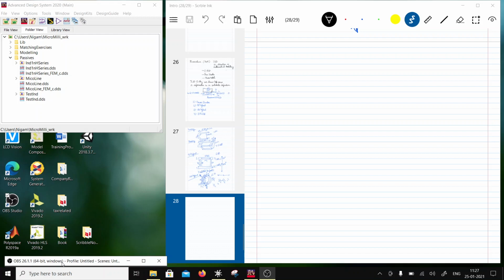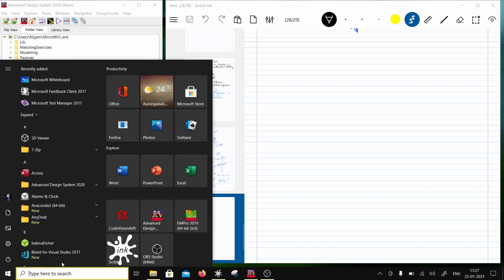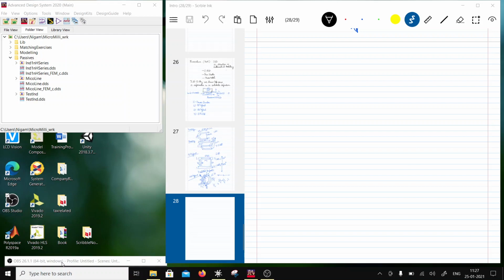Before I do that, I had some theory which is pending, which I wanted to clear. Let's say that we have a line.